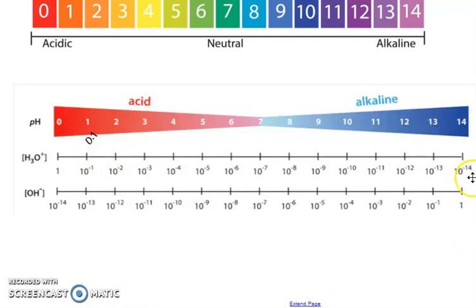And then 10 to the negative 2 power will be 0.01. So that's the hydrogen ion concentration. It was 1, 0.1, 0.01. Notice that these are off by 10. Then the next one would be 10 to the negative 3 power, so that's going to be 0.001. So you see that this is becoming less and less concentrated as we go.